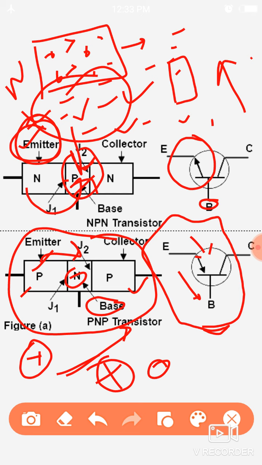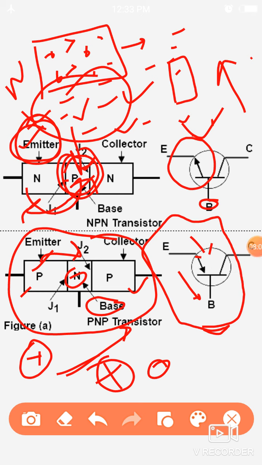As a result of the positive charge decreasing, we can say that from this zone the positive charge is going outwards, which means the direction of current is B to E. So we use this symbol to represent the direction of current in an NPN transistor.